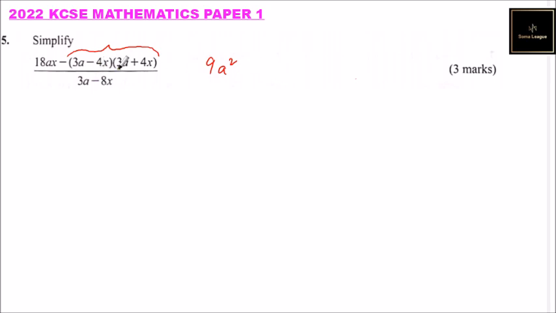Minus 4x multiplied by 4x gives minus 16x squared.